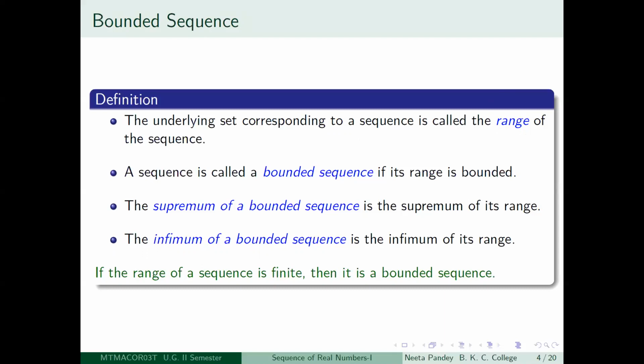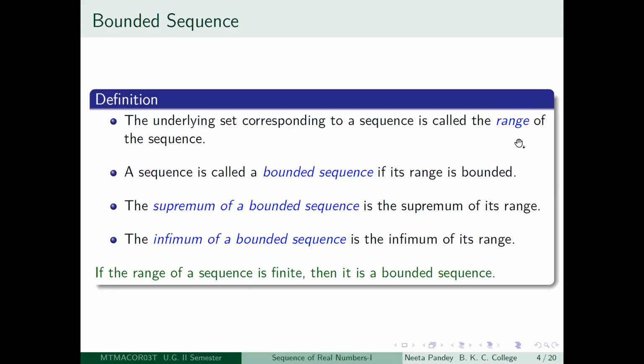And if you look at a bounded sequence, then its supremum would be the supremum of its range, and the infimum would be the infimum of its range. So when you're looking at a sequence, just look at the range of the sequence and see whether that set is bounded or not.